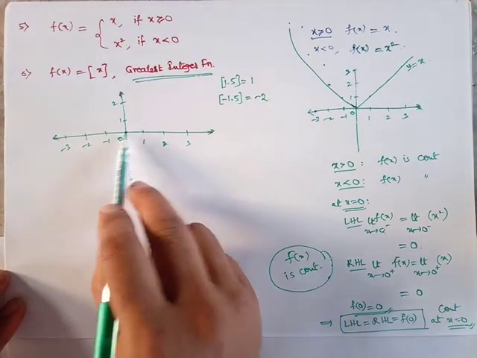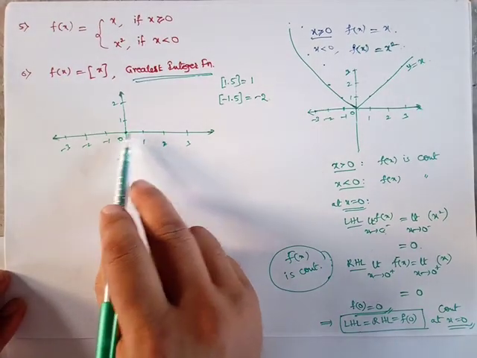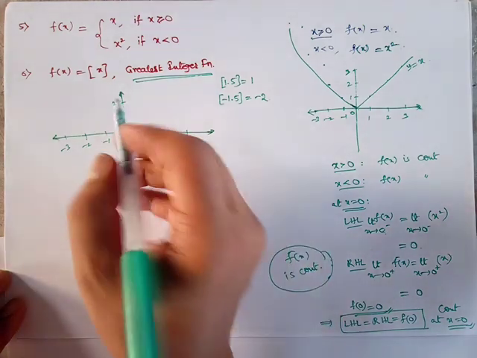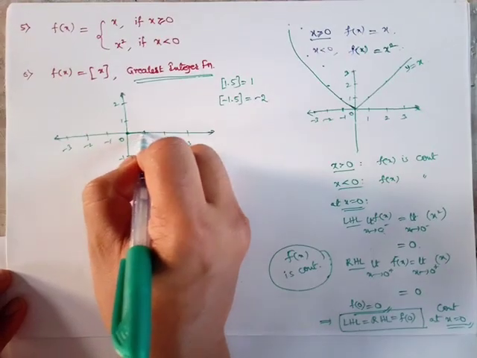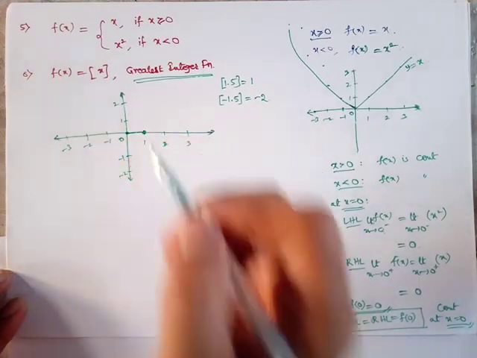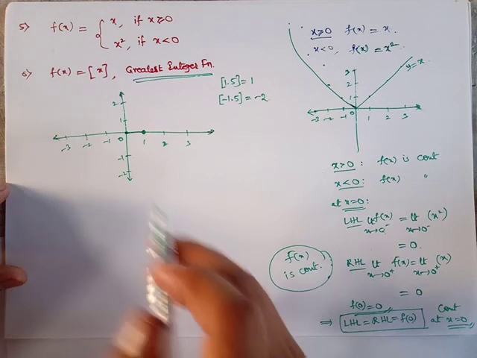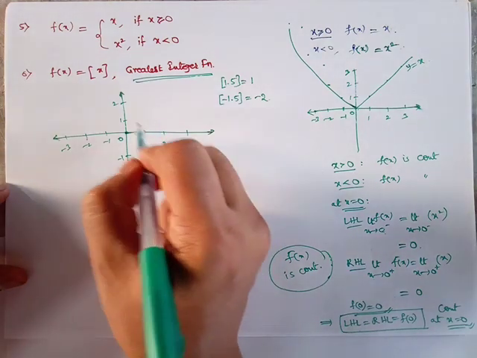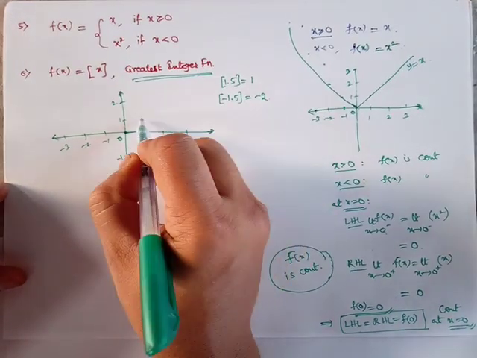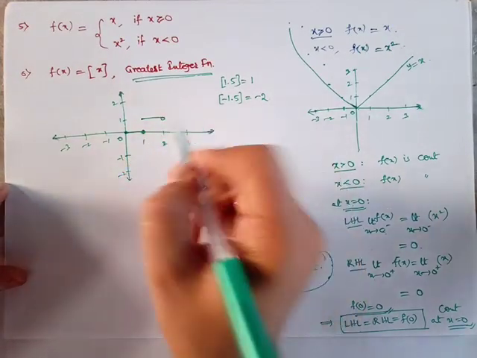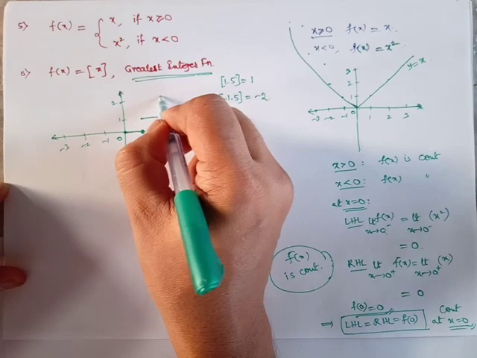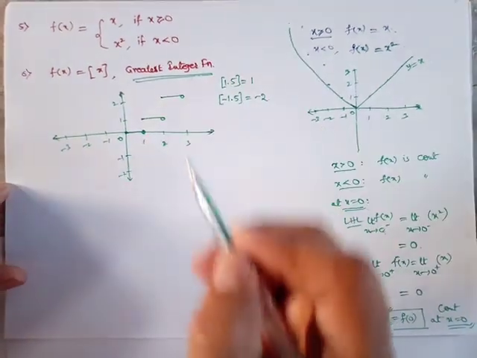Now consider in between 0 to 1. In between 0 to 1 it will take up the value 0 itself, so it will be 0, but at 1 don't consider anything. From 1 to 2, 1 will take up, but 2 should not be included. And 2 to 3, 2 will be included here, 3 will not be included.